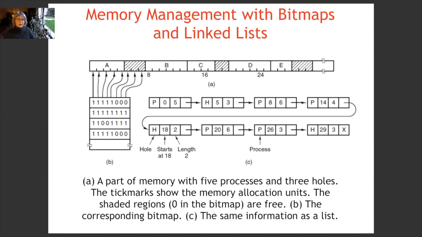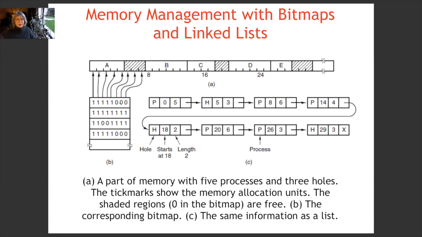And then we have 2 free units, and continue with the location where the process D is loaded, and it goes in this manner. Here there is a bit for each unit of memory. If it is full, it is shown with 1. If it is free, it is shown as 0.